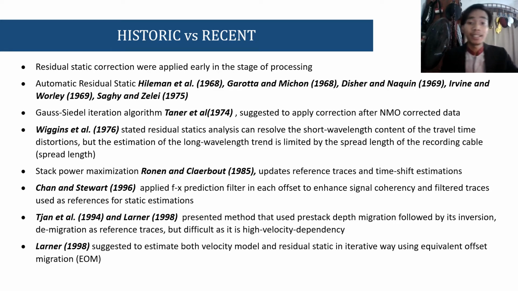But then, Taner et al. 1974 clearly formulated and commented on the earlier methods, formulated the mathematical model of the statics problem, and discussed in detail the standard mathematical algorithm using the Gauss-Seidel iteration algorithm. Taner et al. also suggested that the residual static correction be applied after NMO corrected data.